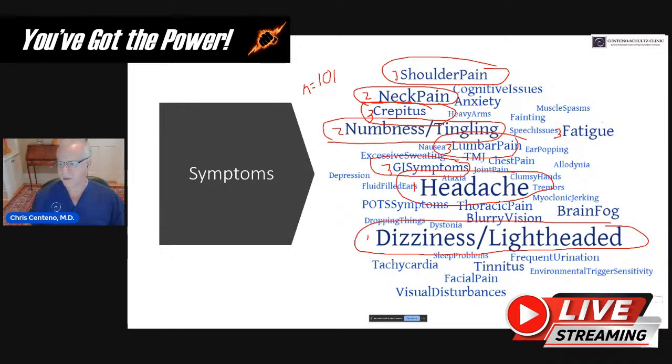Fatigue, a third tier symptom. Brain fog, a third tier symptom, and on and on. Obviously, we could go through this quite a bit, but you can see that there's some cluster of things that are very common and that point in the direction of being more unique to craniocervical instability.